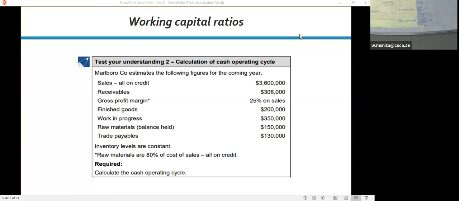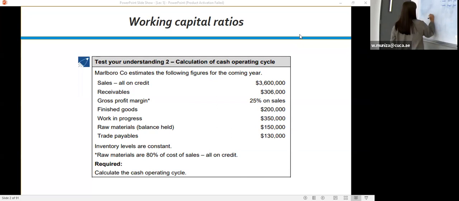Okay, so now receivables collection period is how much, Hashim? So collection period is 31 days. Raw materials 25 days. Work in progress 47 days. Finished goods 27.